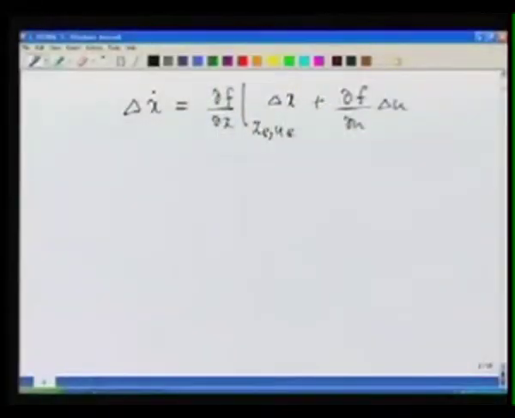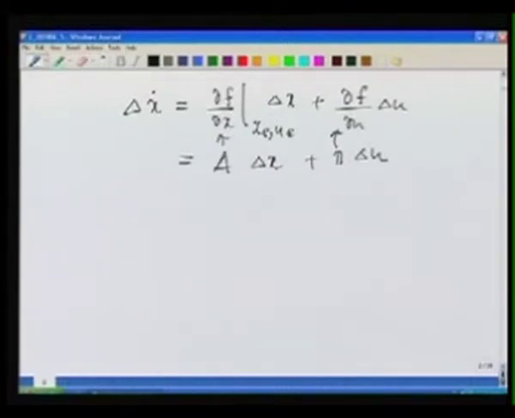Here, in our Taylor series expansion, we ignored the higher order approximation with certain conditions, and we said that this is the A matrix and this is your B matrix.